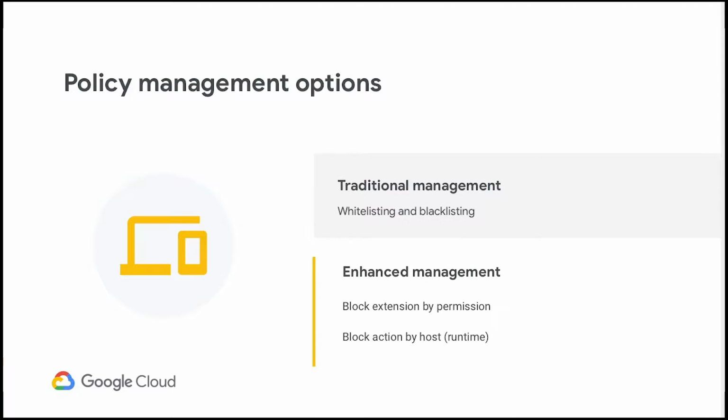So the permissions, or what rights those extensions need in order to run, managing just by that instead of by the extension itself, as well as blocking the action of the extension on your most sensitive websites. So users are able to get the extensions that they want, but you're able to protect your most sensitive sites from extensions reading information from them.